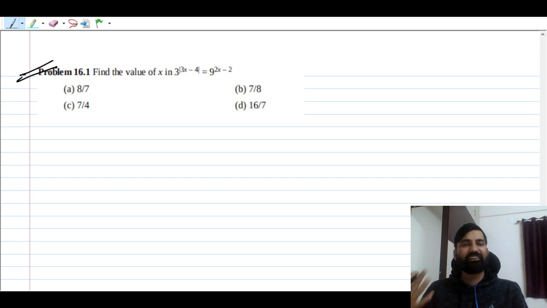So we might think this is a direct problem, but it is not, you have to take the log. If you take log on both sides, life becomes very simple, but you can adjust a little, right? And you can write 9 as 3 to the power 2.